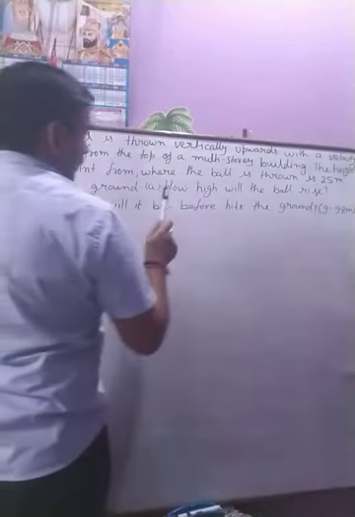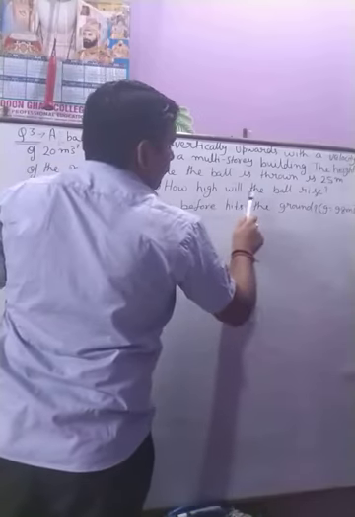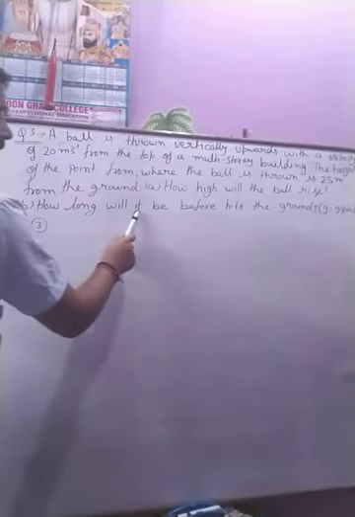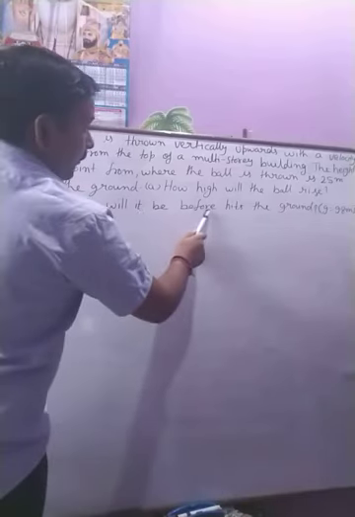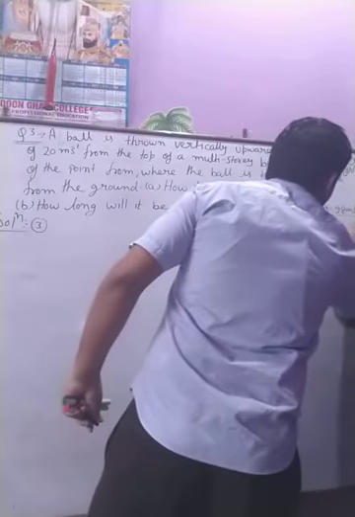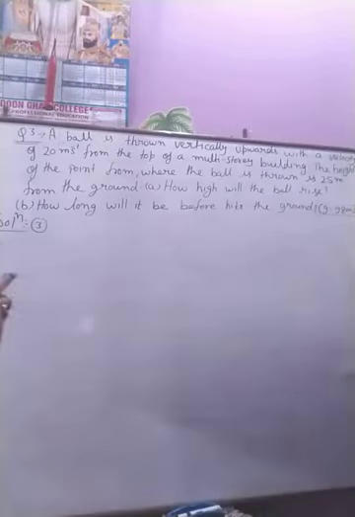We first calculate how high the ball will rise, and second, how long it will be before it hits the ground. We need to take the value of g as 9.8 meter per second square.